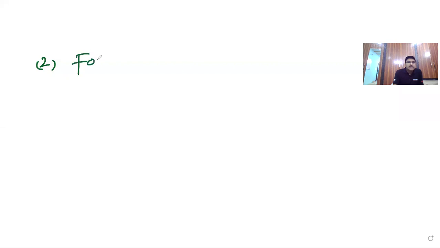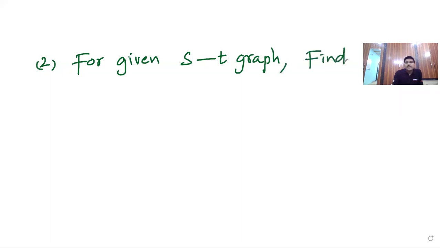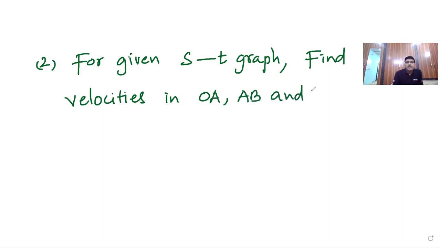For the given S-T graph, displacement-time graph, find the velocities in the OA, AB, and BC regions.